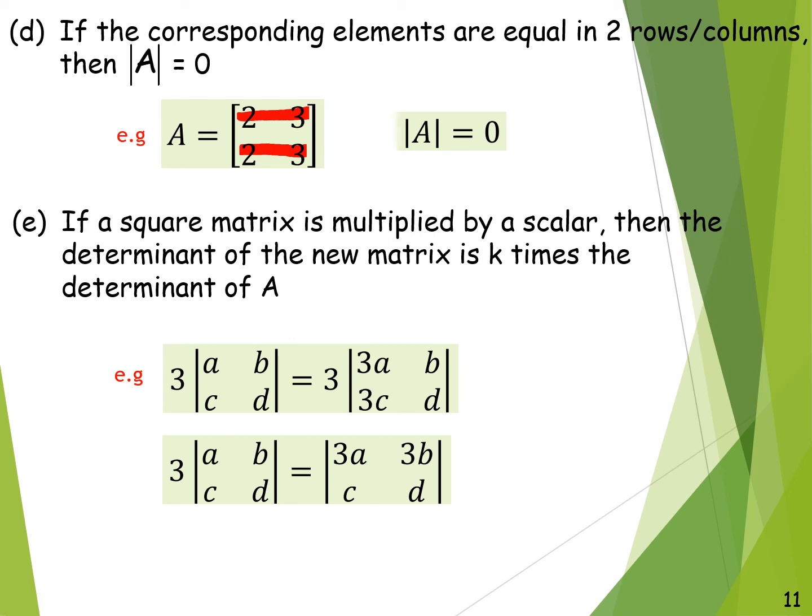E. If a square matrix is multiplied by a scalar k, then the determinant of the new matrix is k times the determinant of A. For example, 3 times determinant of A, B, C, D. We can take out the factor 3 for this determinant, so that it is 3 times determinant of 3A, B, 3C, D. Multiply 3 in the first column or first row.